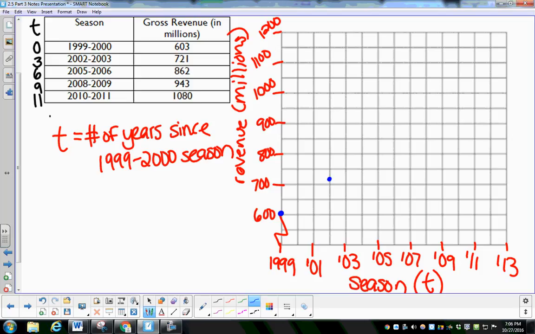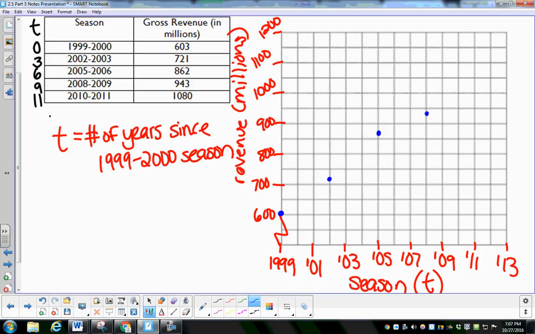In 2005, it was at 862, so a little more than 850. In 2008, it was at 943. So in 2008, we go to 900, and then not quite up to 950. And in 2010, we're going up to 1080.